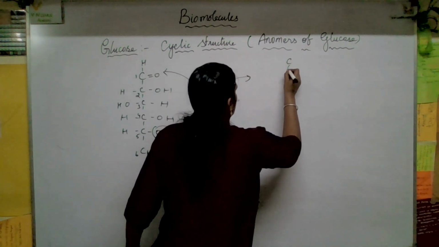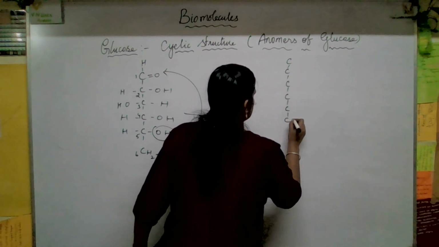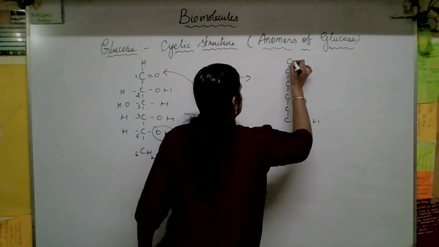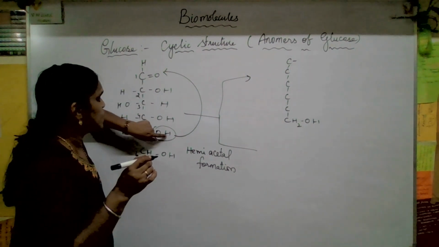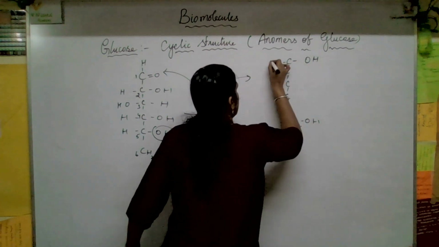Okay, now what happened here? Carbon 1, 2, 3, 4, 5, and the 6th carbon CH2OH. Now here, this O which is combined with that hydrogen, you will get OH formation.